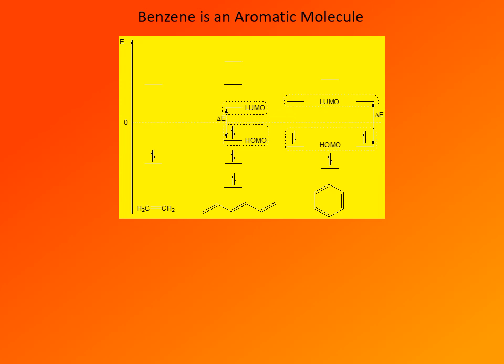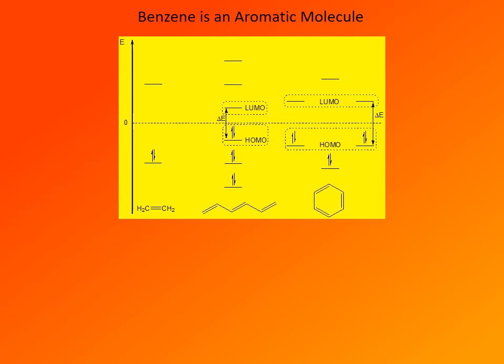As a consequence, the reactivity of benzene is rather low. Because of the low-lying HOMO orbitals, benzene has a very low tendency to donate its electron pair, and because of the high energy LUMO orbital, benzene also has a very low tendency to accept an electron pair. For that reason, benzene is exceptionally stable for an unsaturated compound.